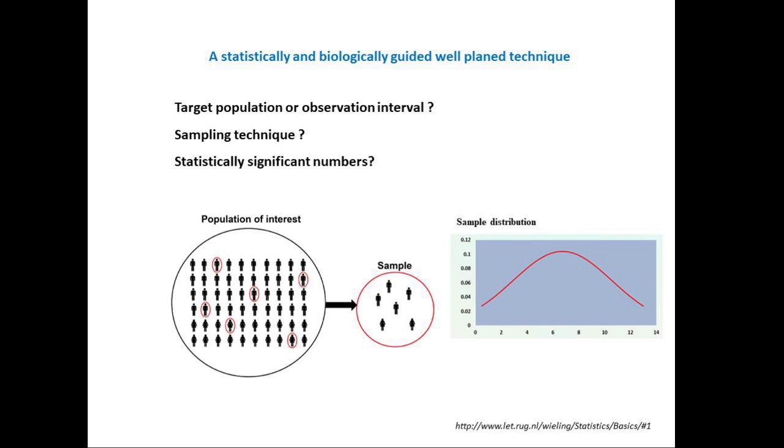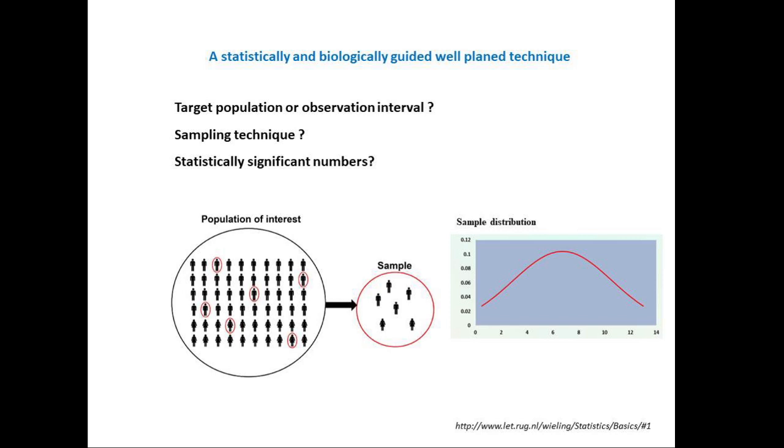The population living in the villages or in the urban region, or students, or people who are doing jobs, housewives, or actively active individuals doing jobs. So these are the target population. Or observational interval.